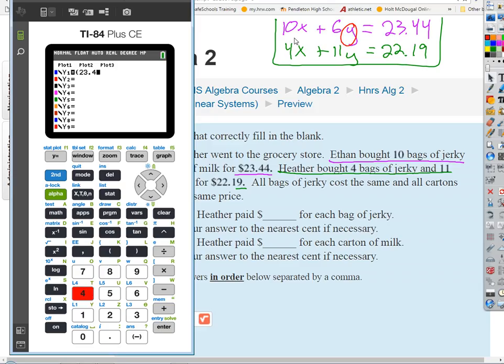We subtract 10x from that side, close the parentheses, and then we'd have the 6y by itself, so divide the whole thing by 6. And then the other one, open up a set of parentheses, 22.19, already on the right side, subtract 4x from that side, divide the whole thing by 11 to isolate y.